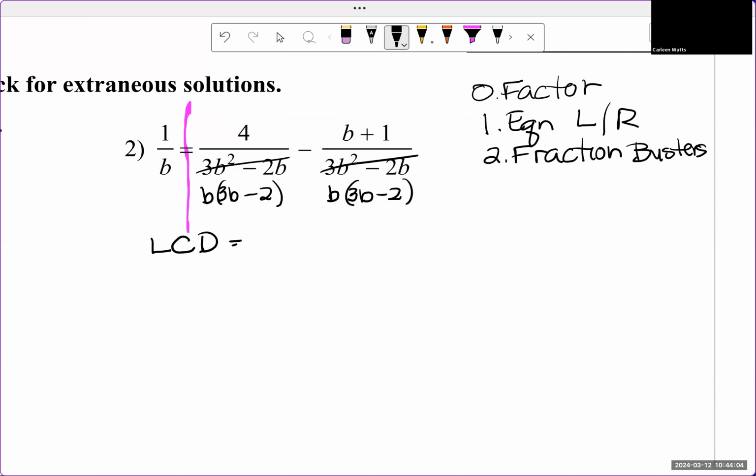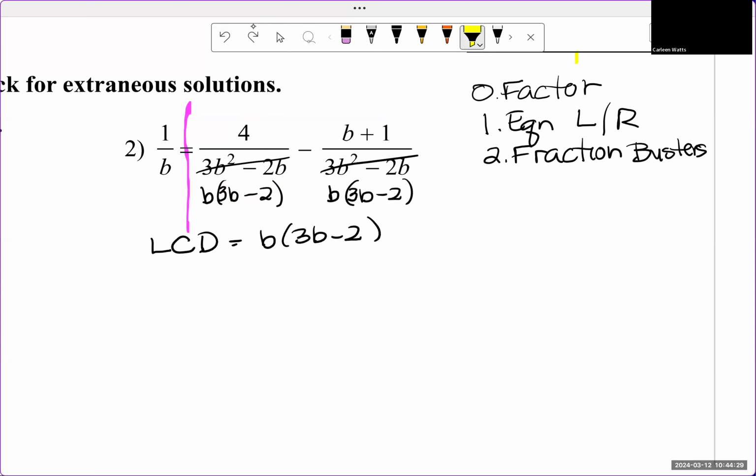Okay, so we have b and we have 3b minus 2. So is that denominator represented? Yes, right there. Is this denominator represented? Yes. Okay, so that is my least common denominator.